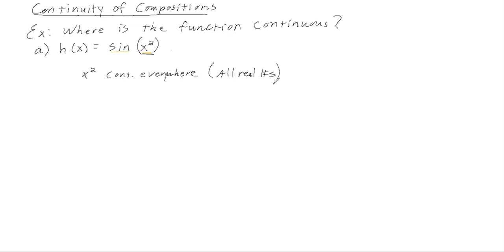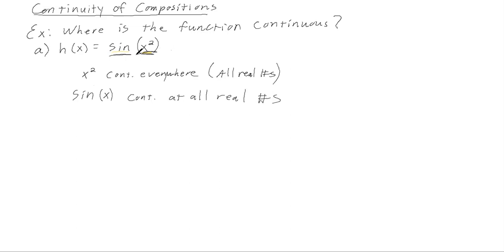All right, so we looked at the inside already. Let's look at the outside function now. Where's the sine function continuous? The sine function is going to meet those three conditions of continuity everywhere, at all real numbers. So the sine of x is continuous at all real numbers.